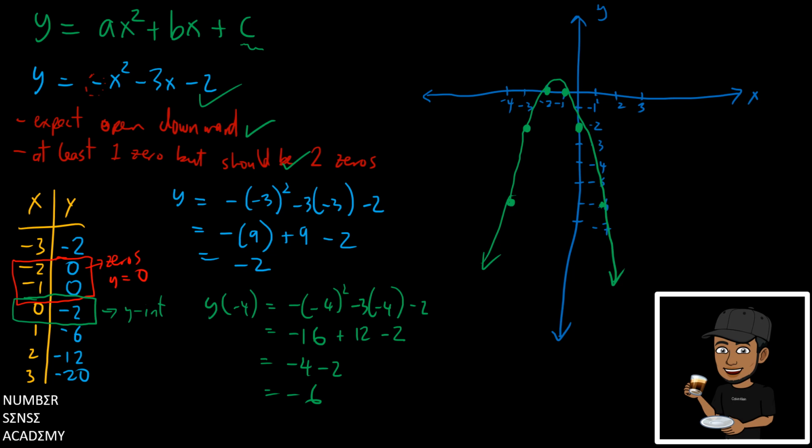So I know that the axis of symmetry happens there. It looks like it's at x equals -1.5. That's where the axis of symmetry is, which means that the vertex looks like it happens at -1.5 and 1.